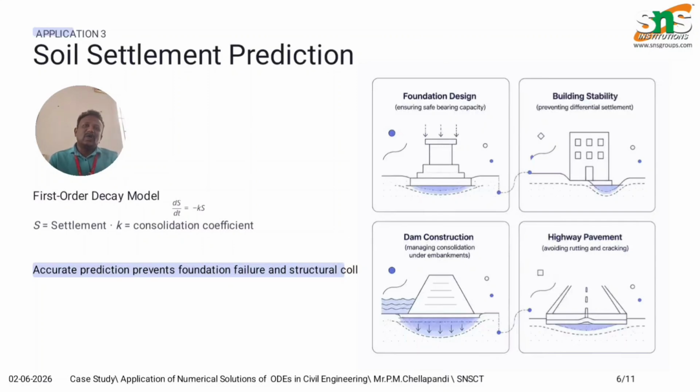If settlement is not estimated correctly, it can lead to foundation failure and structural damage. So differential equations help model soil behavior mathematically. Numerical methods then help estimate settlements over time. This improves the safety and reliability of structures.